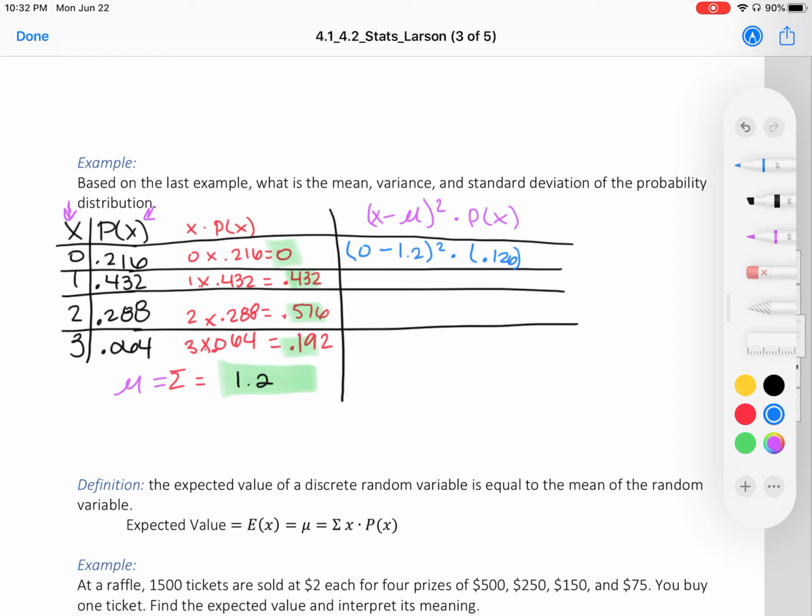Next one will be 1 minus 1.2 squared times 0.432. And from there, we want to add them to get our variance and take the square root of our answer to find our standard deviation.